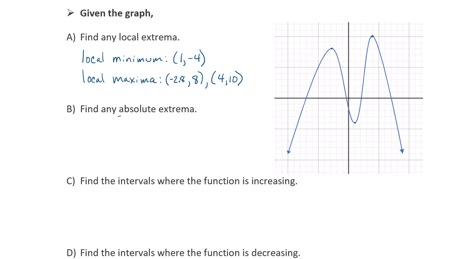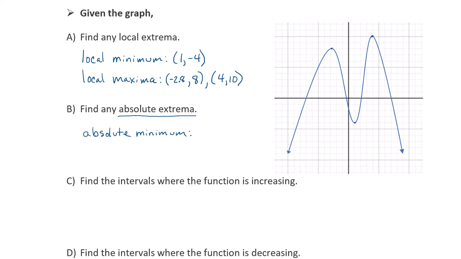Now, absolute extrema means the absolute highest point and the absolute lowest point. So when we are looking for the absolute minimum, there actually is no absolute minimum. Here is that local minimum that we talked about before, but you can see this arrow here and here. Those indicate that the function continues to travel down, and so it's never going to have a lowest point.